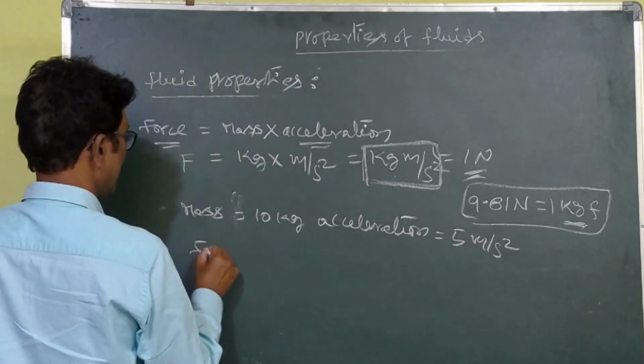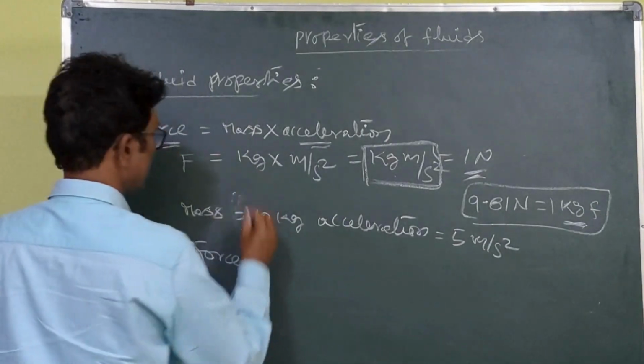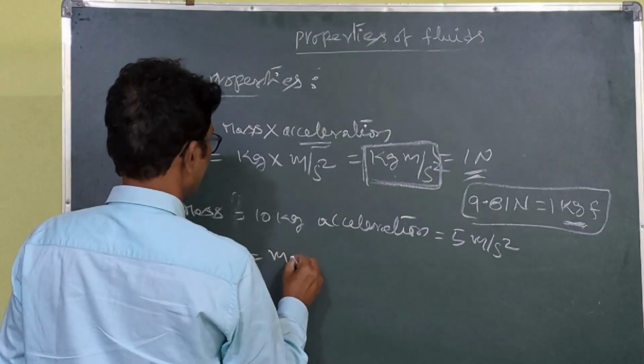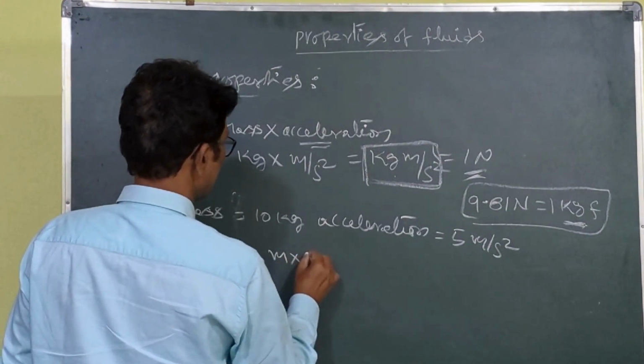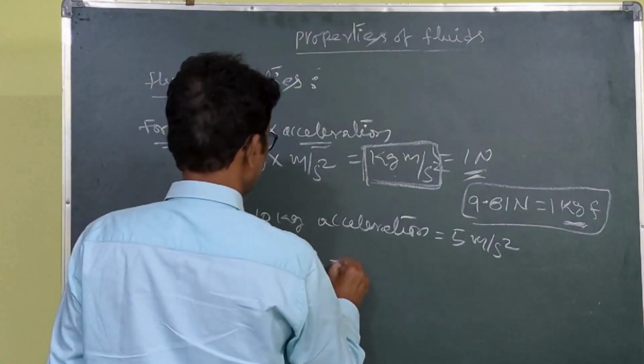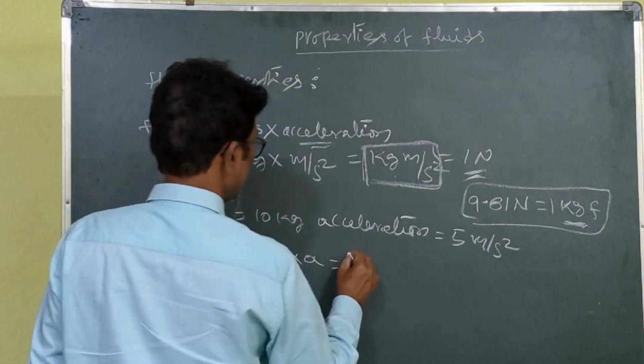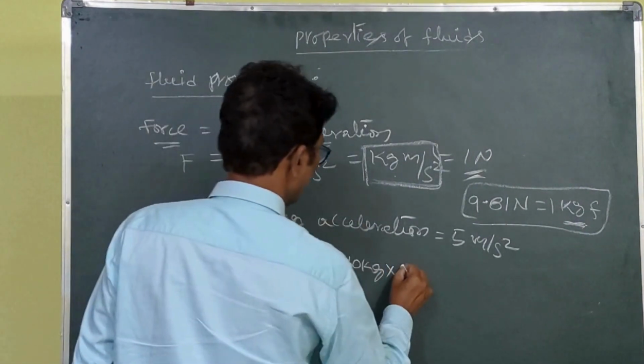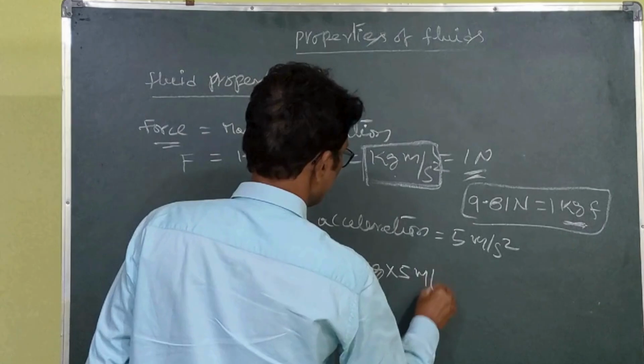So force equal to, we know that mass, denoted by m, into acceleration, let us say a. Therefore mass equal to 10 kg into acceleration of 5 meter per second square.